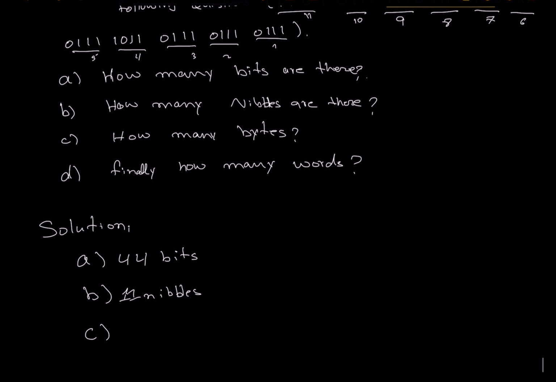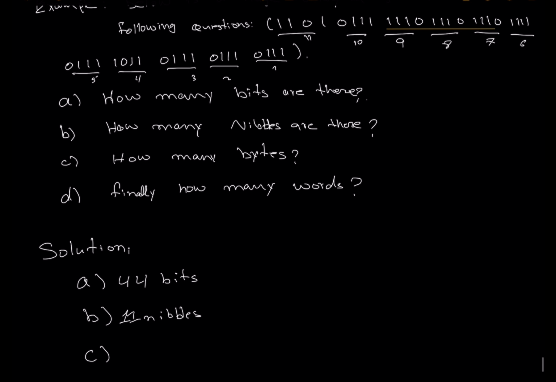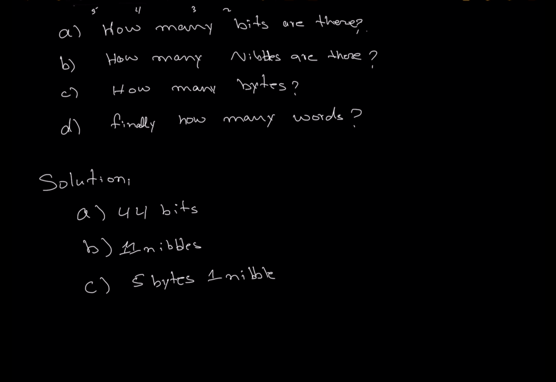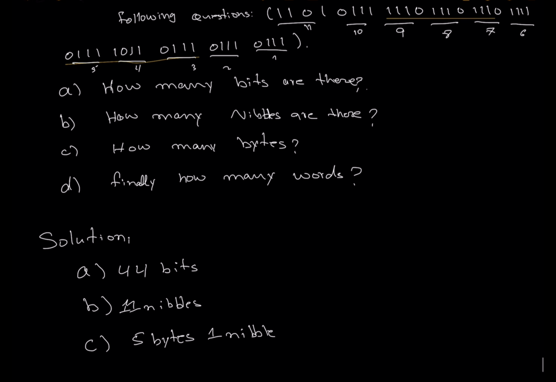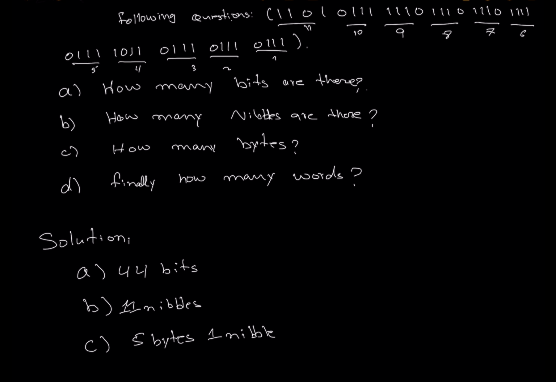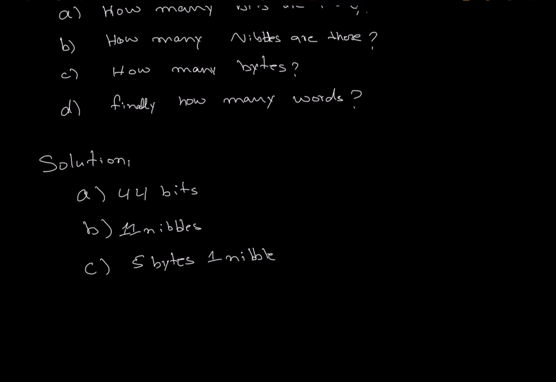And we have 5 full complete bytes: 1 byte, 2 bytes, 3 bytes, 4 bytes, 5 bytes, and 1 nibble. Or you can also say 6 bytes, but then you have to add zeros just to make it a complete byte system.